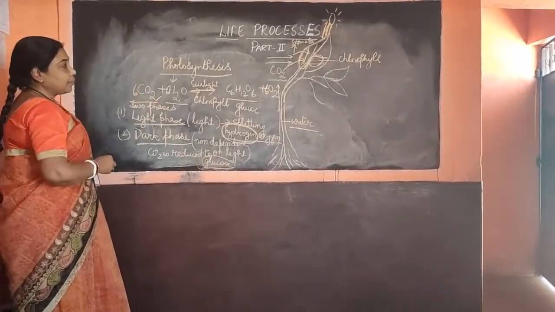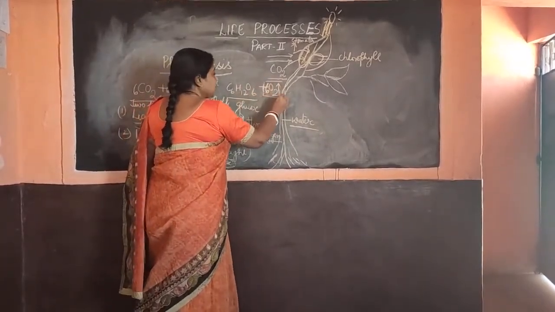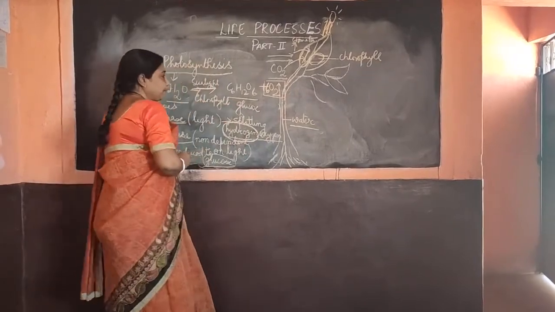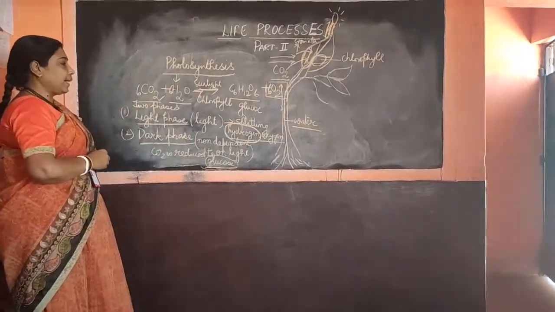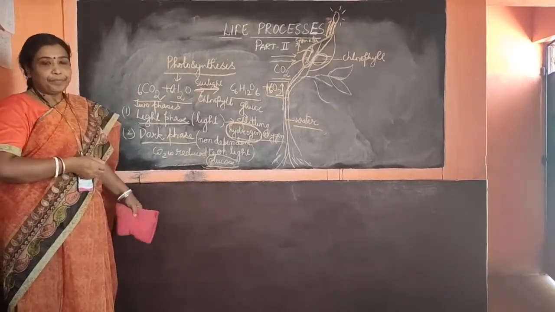And in turn, the oxygen is left out and it is being given out in the atmosphere, which is being used by organisms like us for the process of breathing.